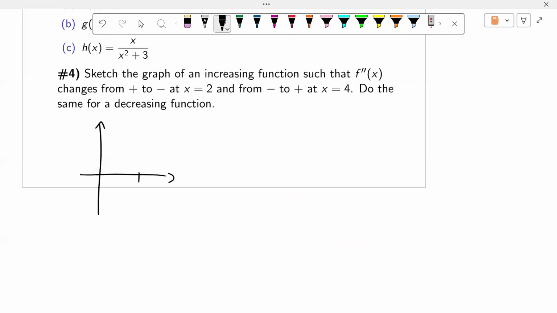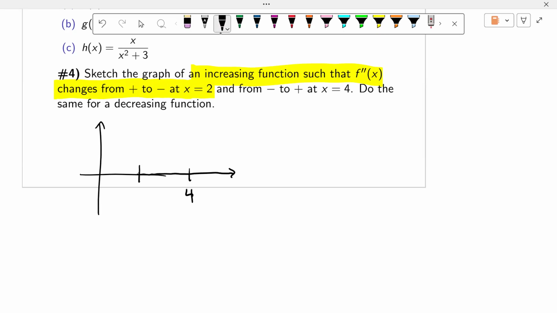So I'm doing this first part. I want an increasing function so that at 2, the second derivative goes from being positive to negative, and then a little bit later I need something similar but a change at 4.